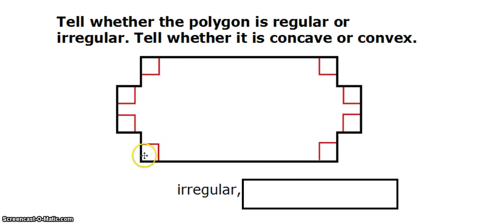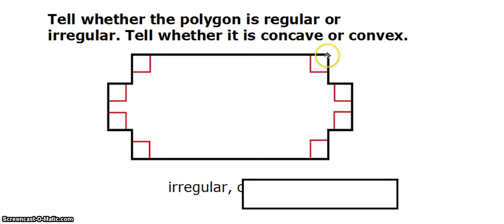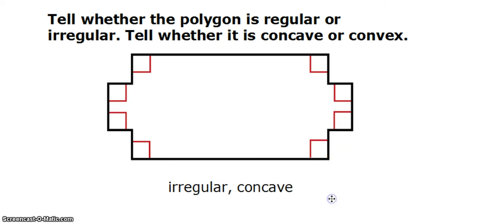Well, if I draw a diagonal here, between those two vertices, the diagonal is only touching interior points, so it could be convex. However, when I draw a diagonal here between these two non-consecutive vertices, I'm touching exterior points. So it's caving in here, isn't it? We call this one a concave.